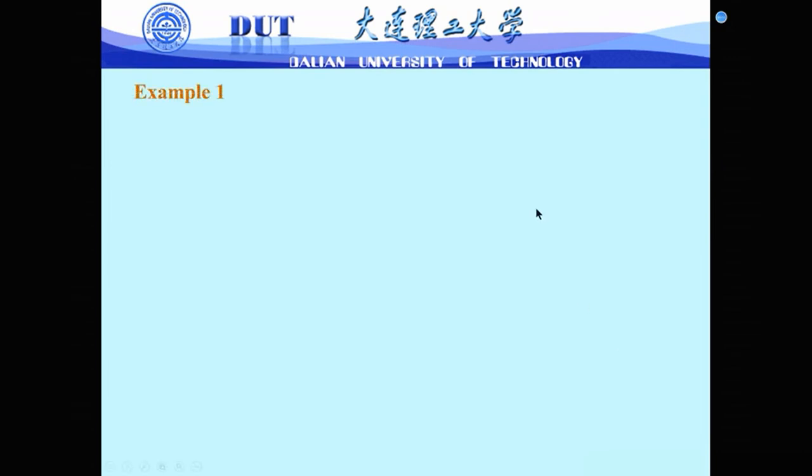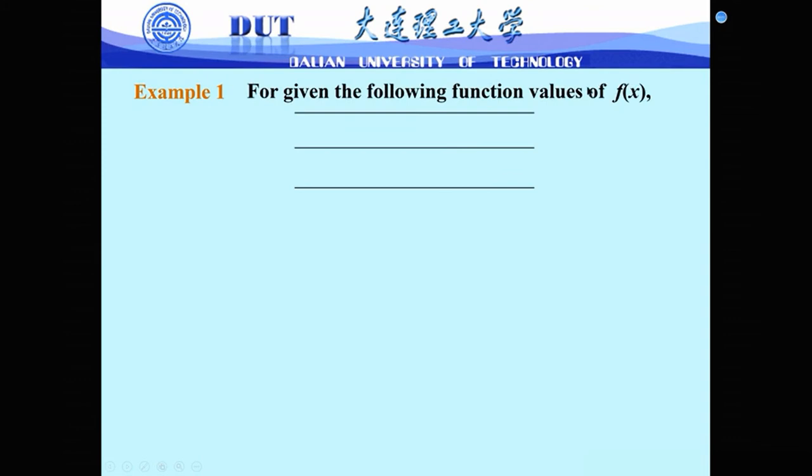At last, let's consider an example. We are given the following function values of f(x), an unknown or complicated function. We don't know the formula of f(x). We only know several discrete points. For xi equal to 1, 2, 3, we are given three function values, the second being -1 and the third being 1.